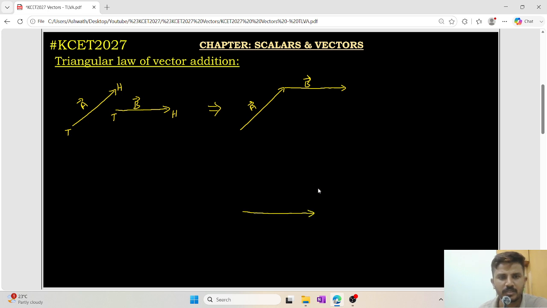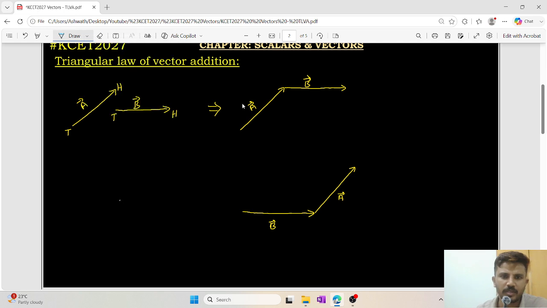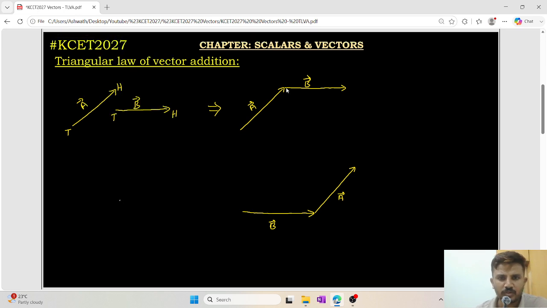Let's consider this is B and this is A, vector B and vector A. So according to the triangular law of vector addition, if the tail of one vector is joined with the head of another vector, they form one order.